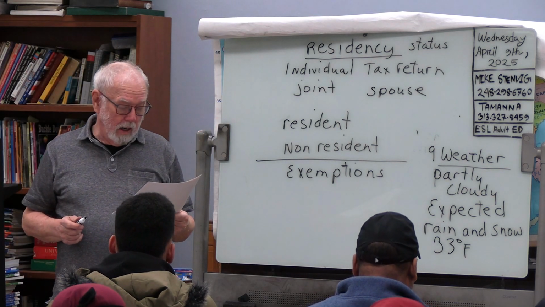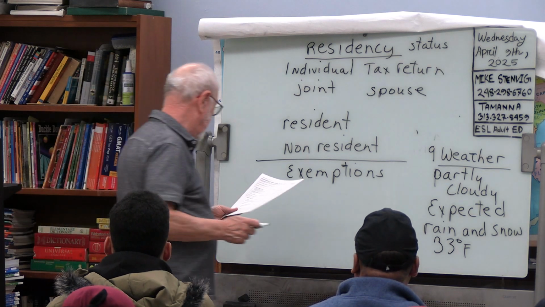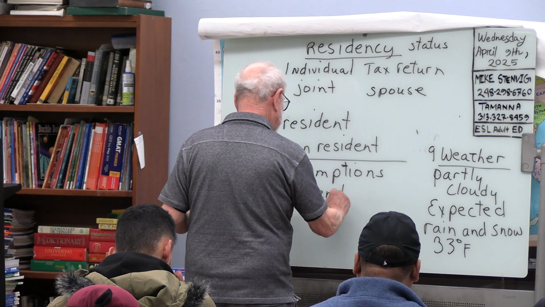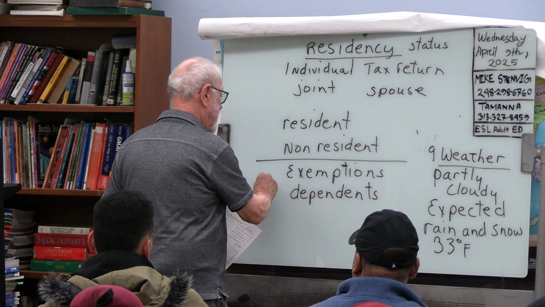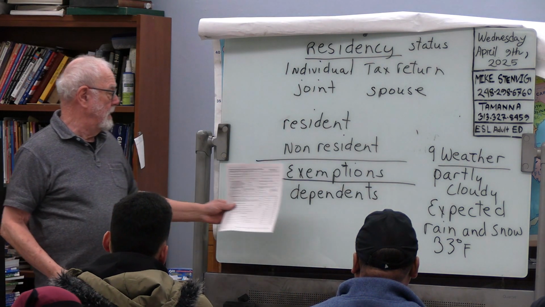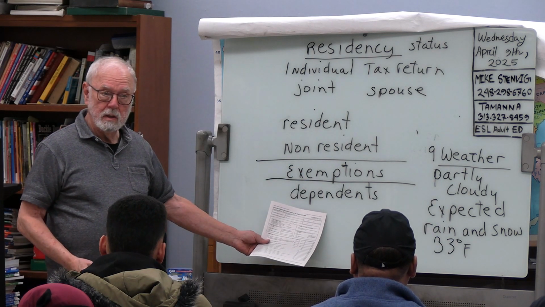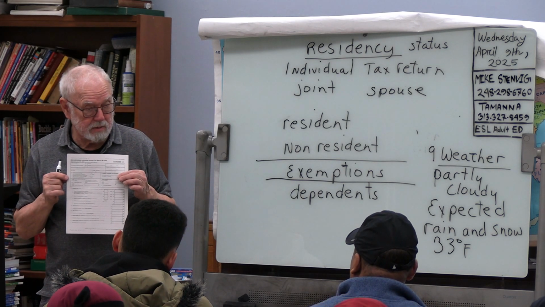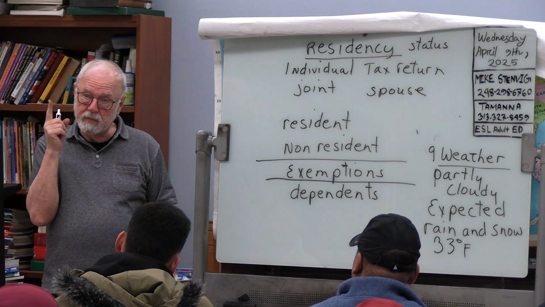So, exemptions include dependents. If you file this, you are an exemption. You take care of yourself. One exemption.